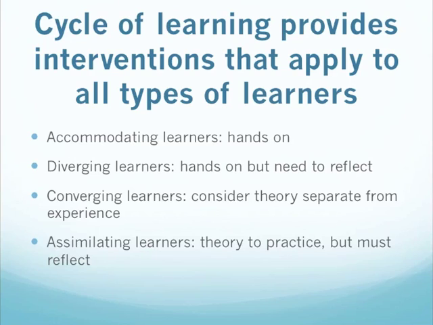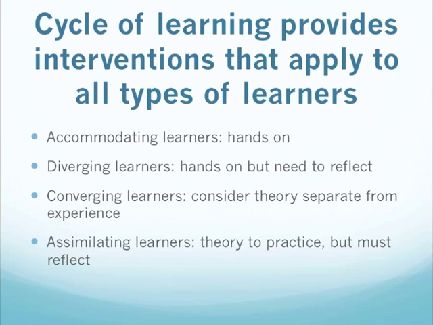Kolb identified the learners that are in the cycle between reflective observation and abstract generalization, between reflection and theory. Those are converging learners. They like to consider theory separate from the experience when they want to talk about it, and then they'll figure out how to apply it when they actively are in a situation. And then the people between 6 and 9, generalization and active experimentation, those are the assimilating learners.